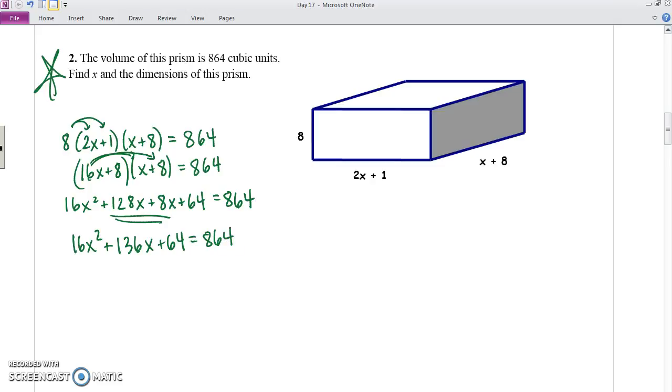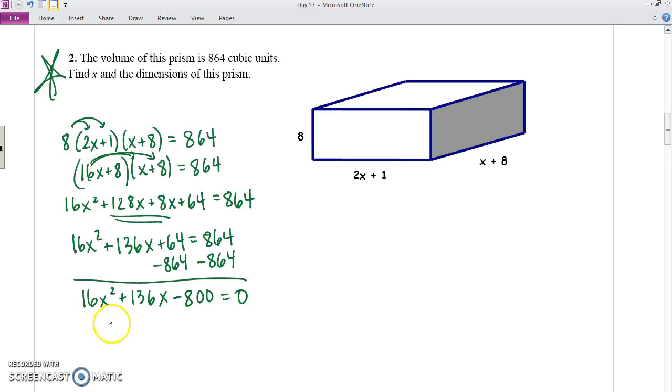And in order to use the quadratic formula, I'm going to subtract the 864 from both sides of the equal sign. And so I now have 16x squared plus 136x minus 800 equals 0. Now using the quadratic formula, a is 16, b is 136, c is negative 800.